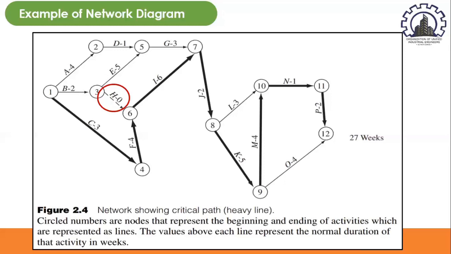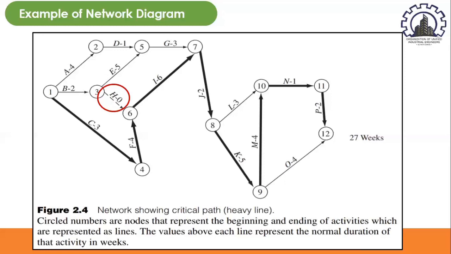And dummy activities as well are typically used to indicate precedence or dependencies, because under the rules, no two activities can be identified by the same nodes. That is, each activity has a unique set of nodes. As you can see in our sample network diagram, these numbered circles refer to nodes.